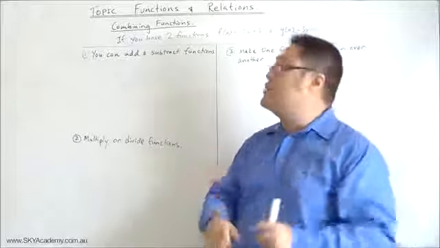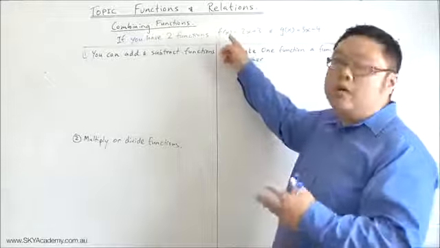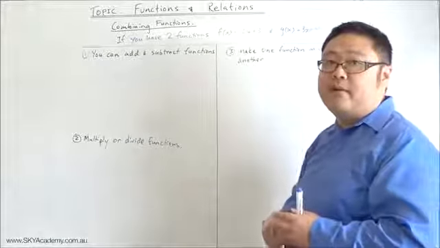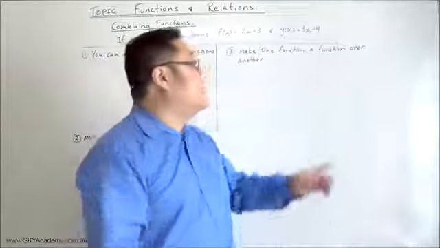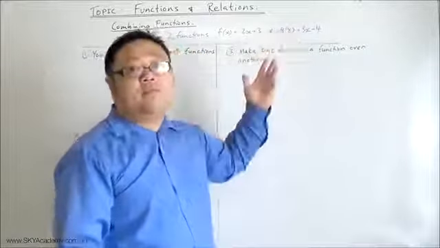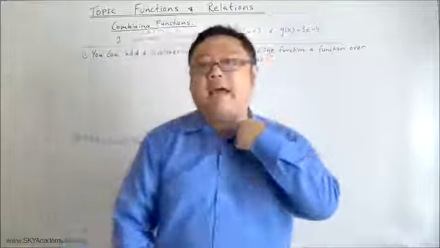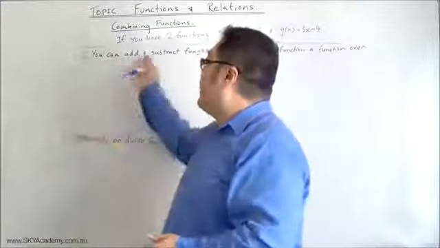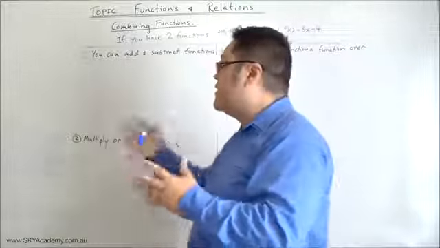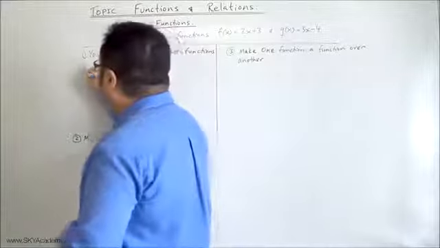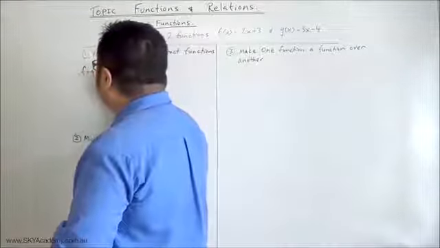We'll use two different functions. The first function we're going to call f of x, and we're going to make that 2x plus 3. That's the rule. And the second function is g of x, and we're going to make that rule 3x minus 4. Let's have a look at how we might add the functions together to make another function. Let's call that function f plus g of x.